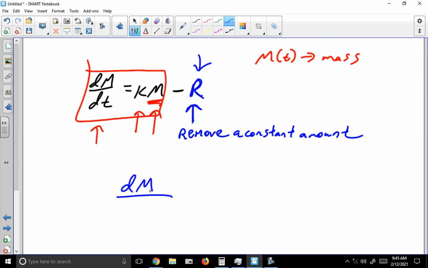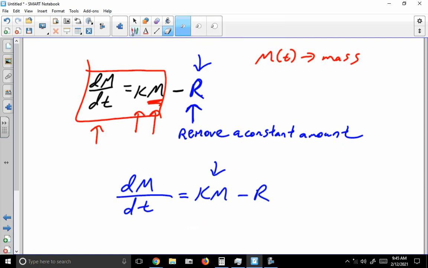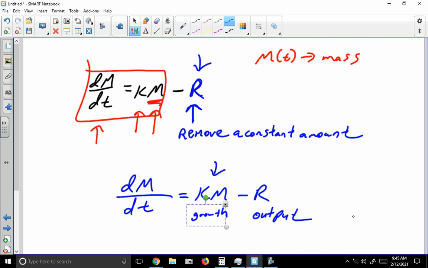So the rate at which the mass changes is proportional to the growth. So this is going to be the growth part minus how much is taken out. So output, or I'm sorry, let's call that growth. We said the growth is proportional to how much we have in there, and then we're taking out the output.